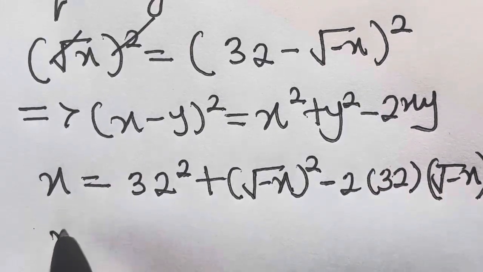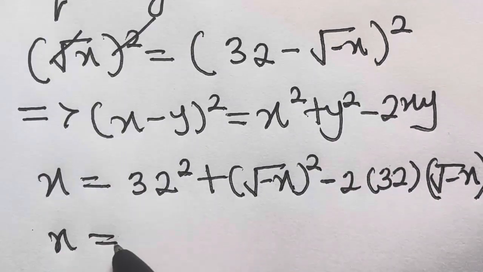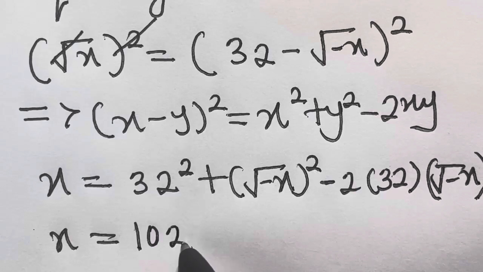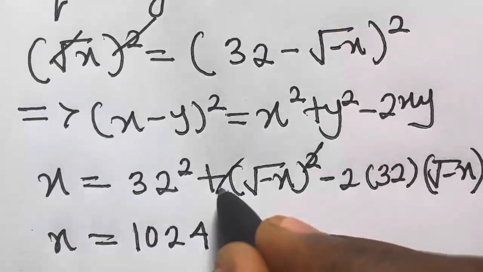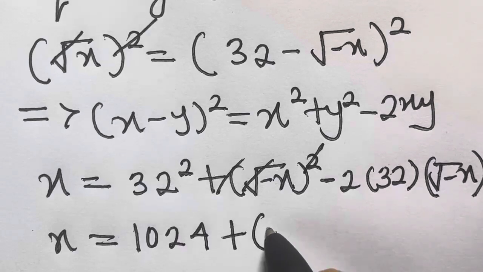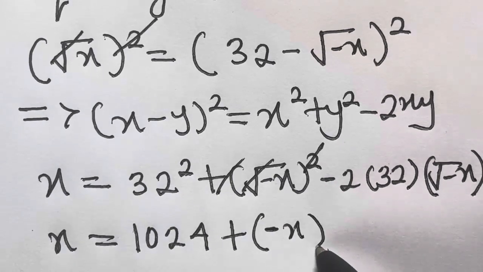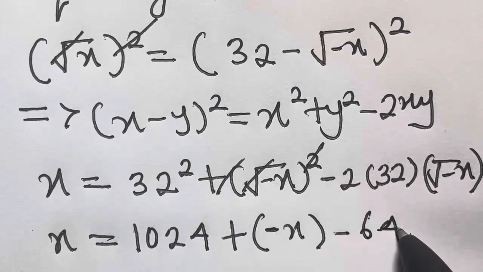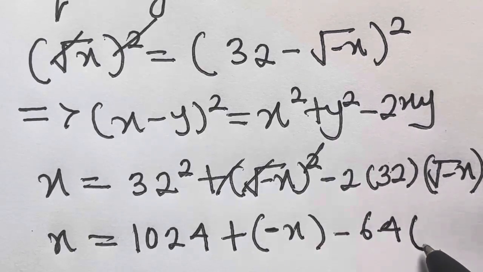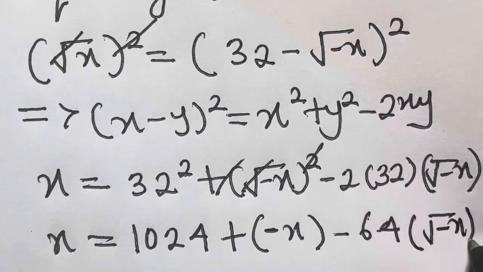So this will be x equals 32 squared will give us 1024 plus, we know this will cancel this, so we'll be left with minus x. This minus 2 times 32 will give us minus 64. Then we have times square root of minus x.